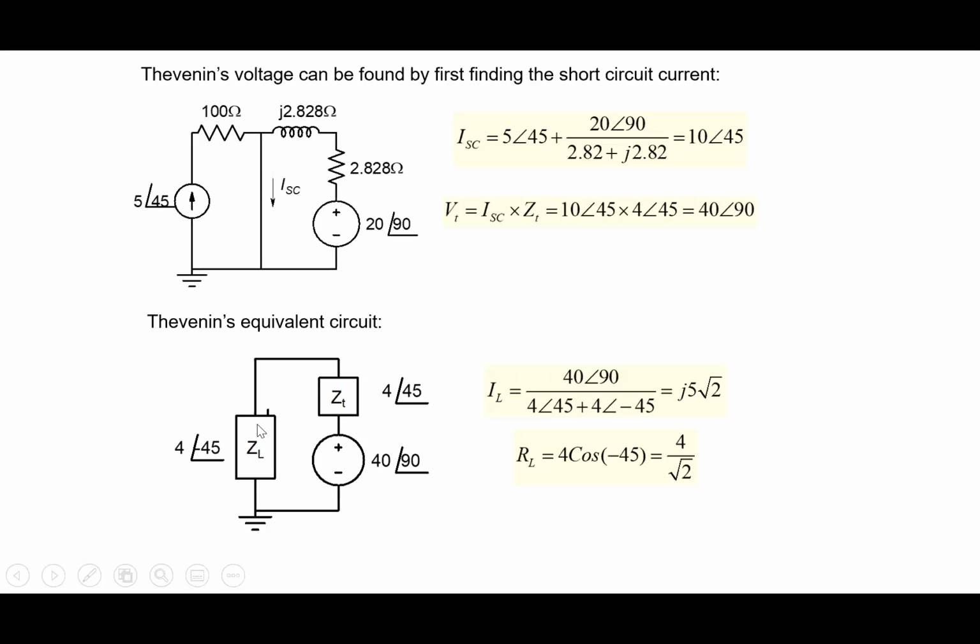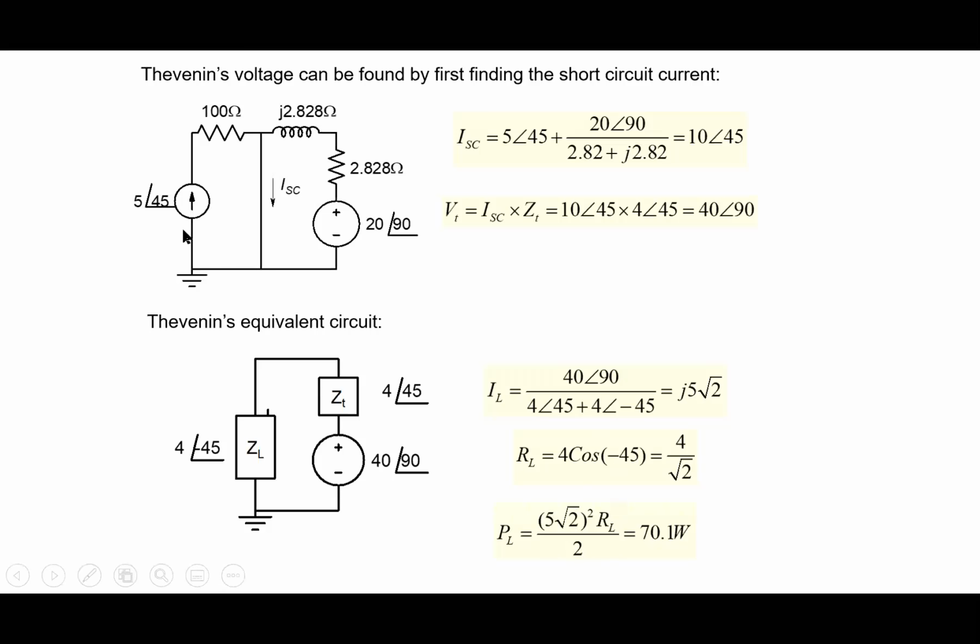The real part of ZL will be RL, which is 4 cos of this, 4 square root 2. And power dissipated would be I square times RL divided by 2, and so that is 70.1 watt here. So that's the power dissipated in the load here.